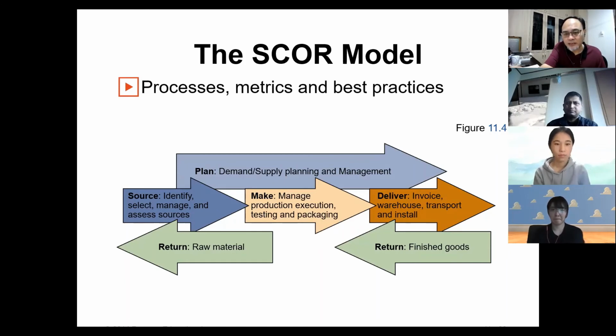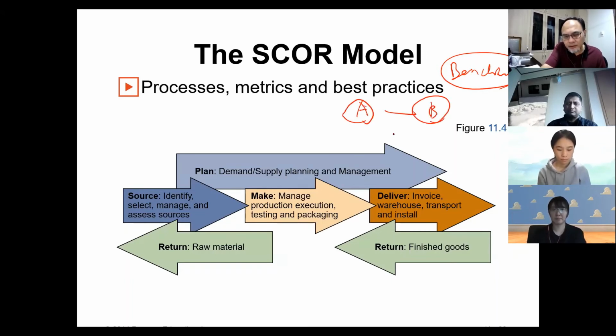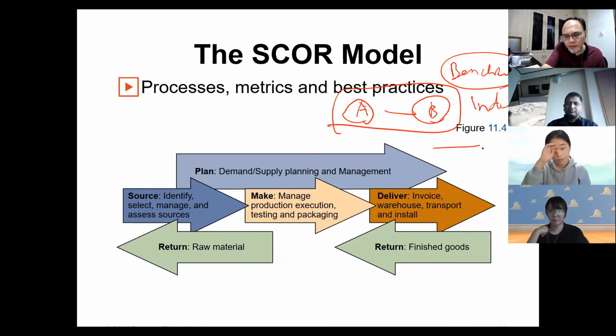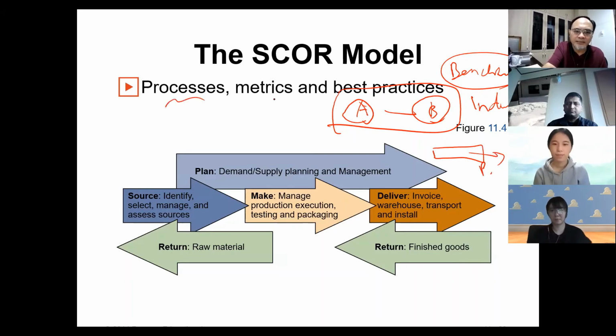Because benchmarking is trying to compare company A and company B within the same industry, or maybe compare different industries on a certain process.